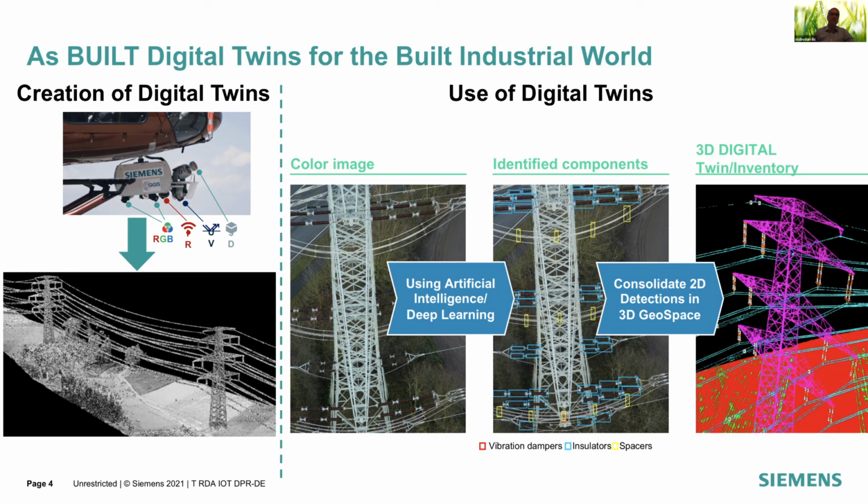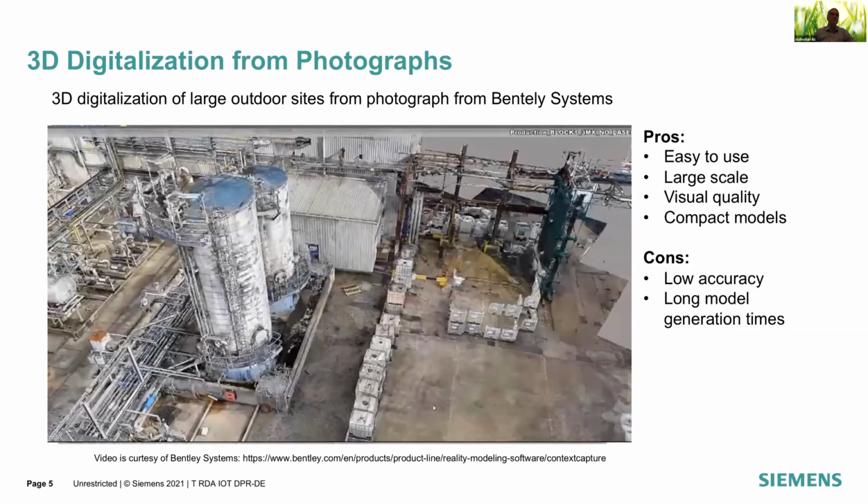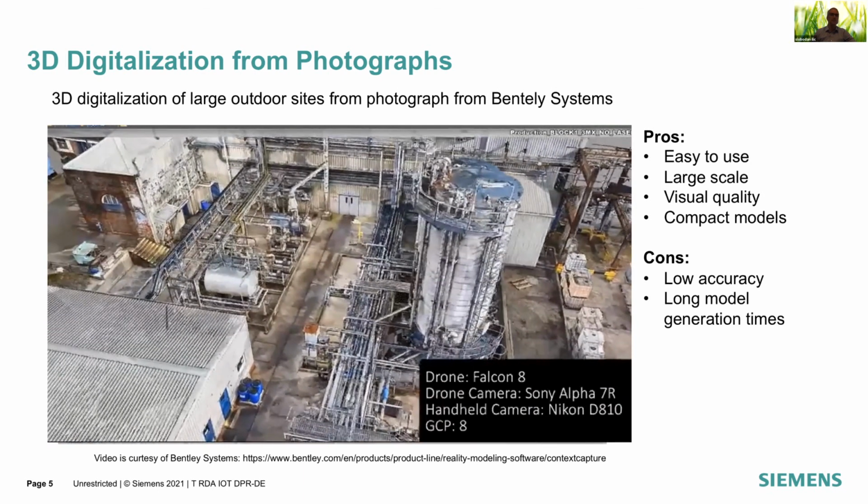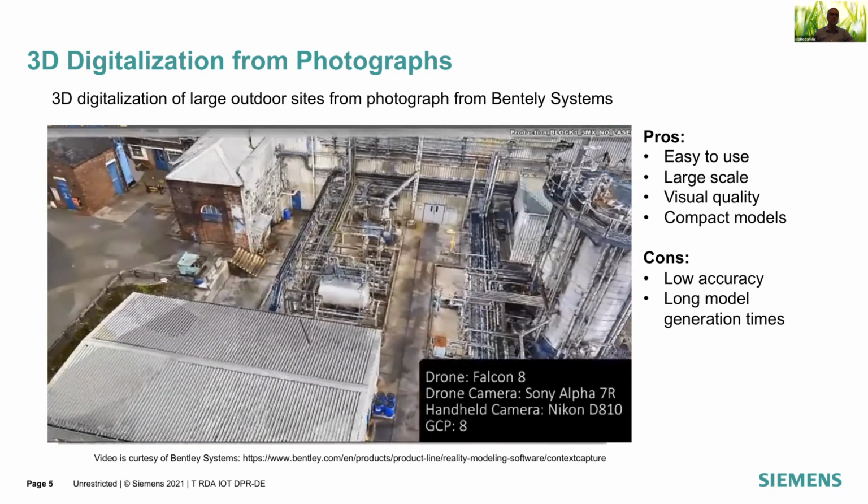As I said, the creation of the digital twin is one of the important aspects, and this is where computer vision comes into play. Here I wanted to show an example: probably many people know Bentley Systems, which also partners with Siemens.